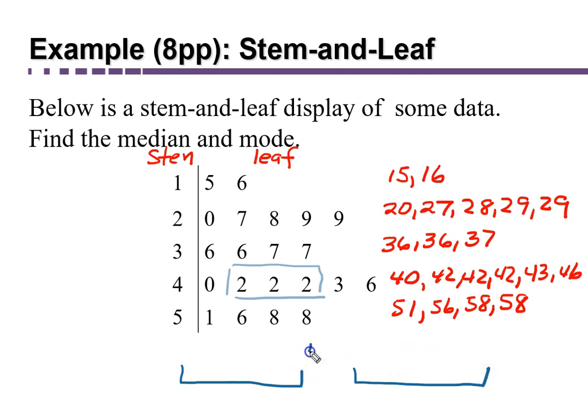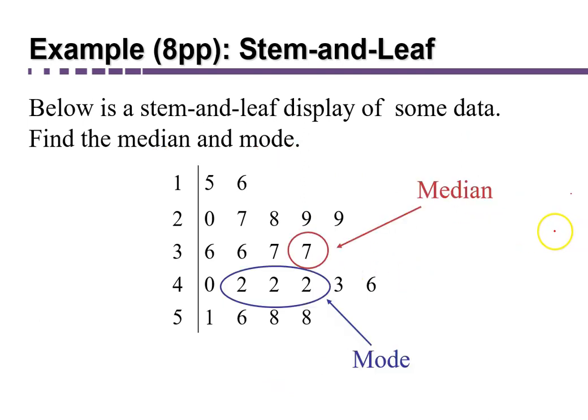And then numbers 10 and 11 in their position, you would add these two together and then divide by 2. That would be the median. And I believe they're going to show that to us here shortly. And there is the median, and there is the mode.